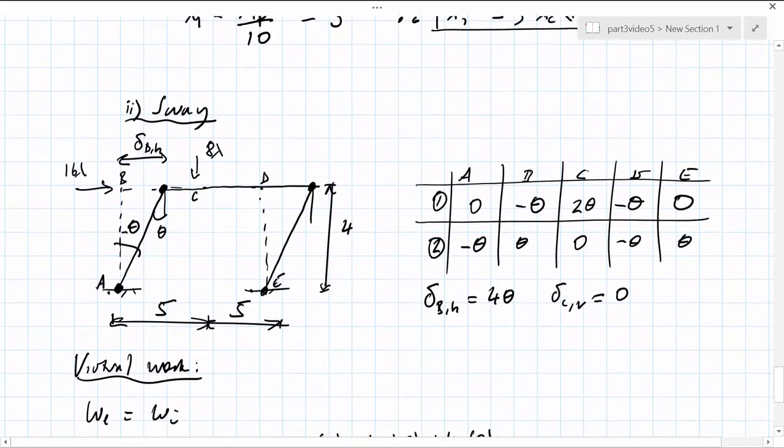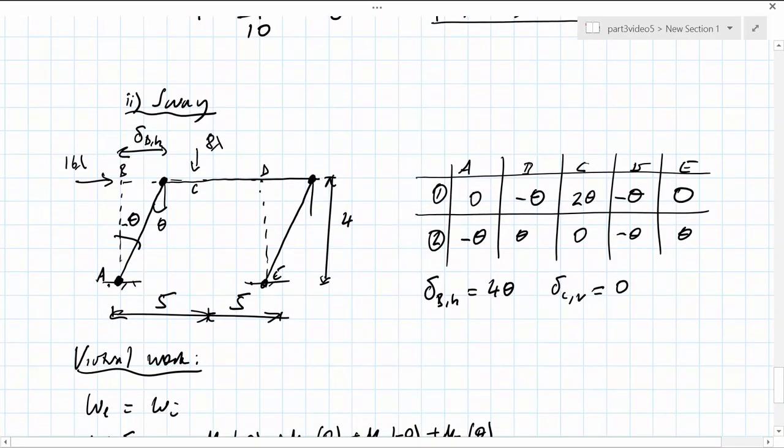If we look at the sway mechanism, we've evaluated the moments A, B, D and E, and we have said they are all MP.